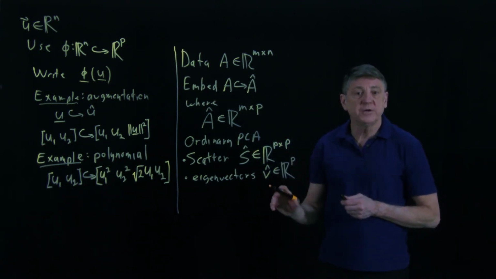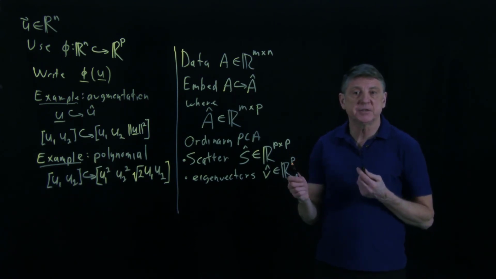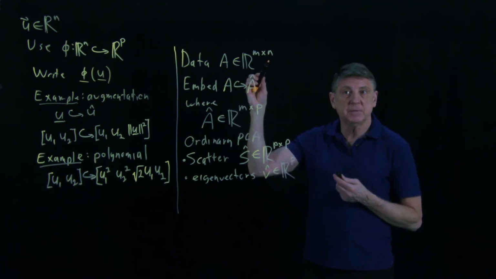One is, what do these vectors mean? How can we relate these p dimensions back to our original n dimensions?